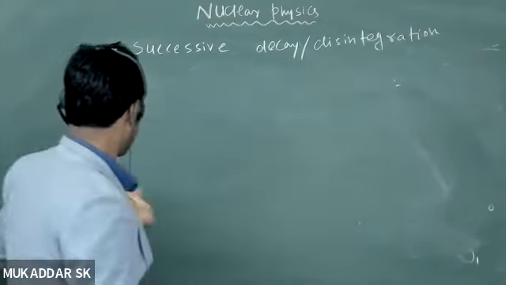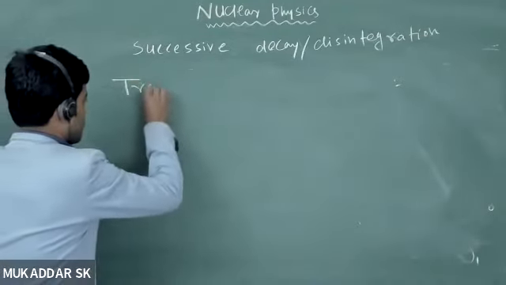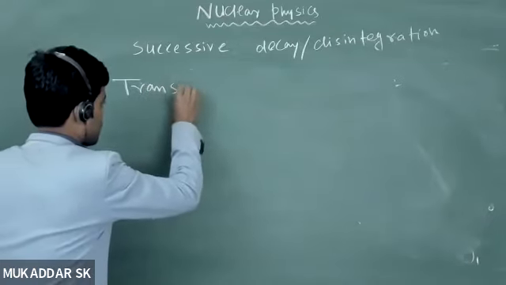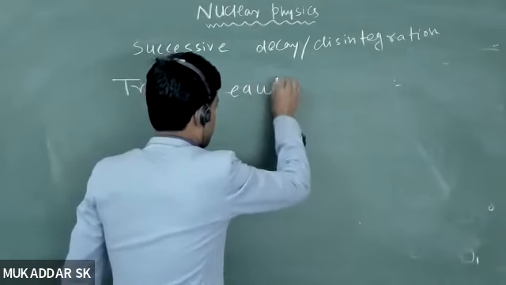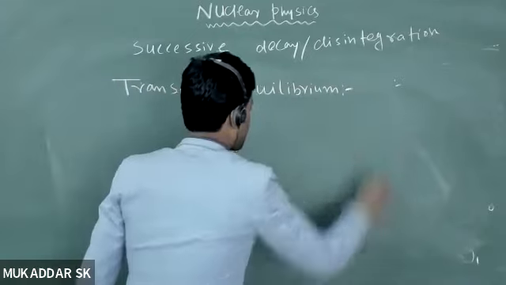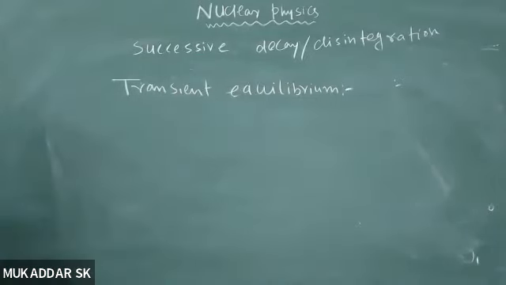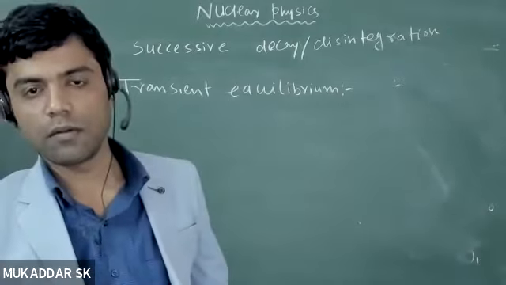And there's another equilibrium that is known as transient equilibrium. So transient equilibrium doesn't mean that intermediate nuclei is having constant number, or it doesn't mean there's no change in intermediate nuclei with time.